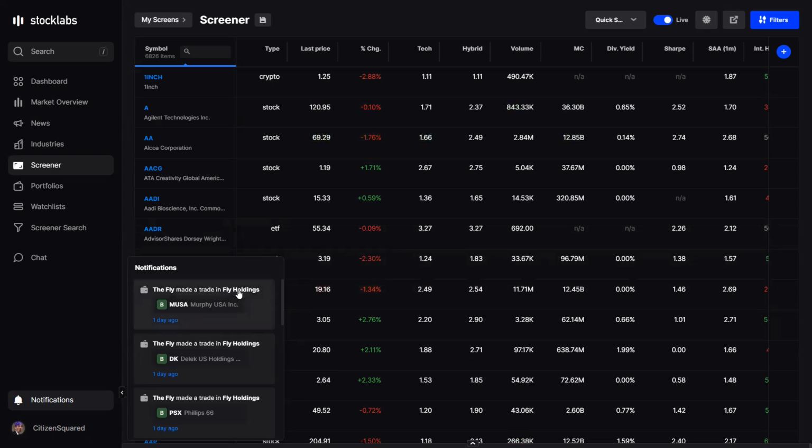At the same time that this notification gets updated, it also is pushed to the Twitter account, and all that Twitter account does is post like bought Apple or bought Amazon, sold Apple, sold Amazon. There's no other content on that account, so you can just set that account to push notifications to your mobile, and you'll know when Fly made some sort of trade.